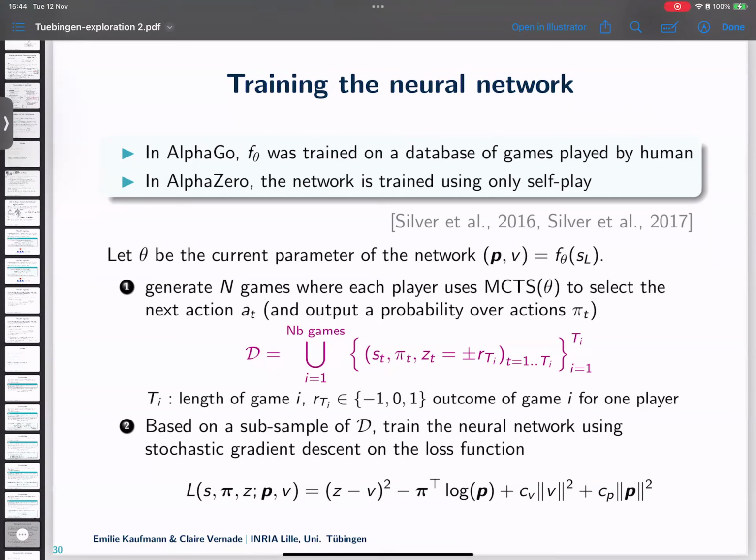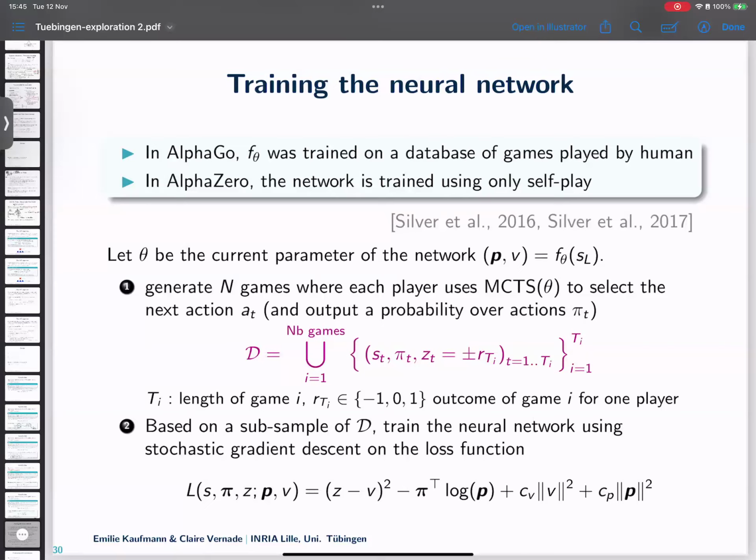In AlphaZero, they don't do that. They use two MCTS to fight against each other to collect the games. So they generate this large number of games by having two MCTS playing against each other. Each of them is learning the policy, trying to optimize their own value function.